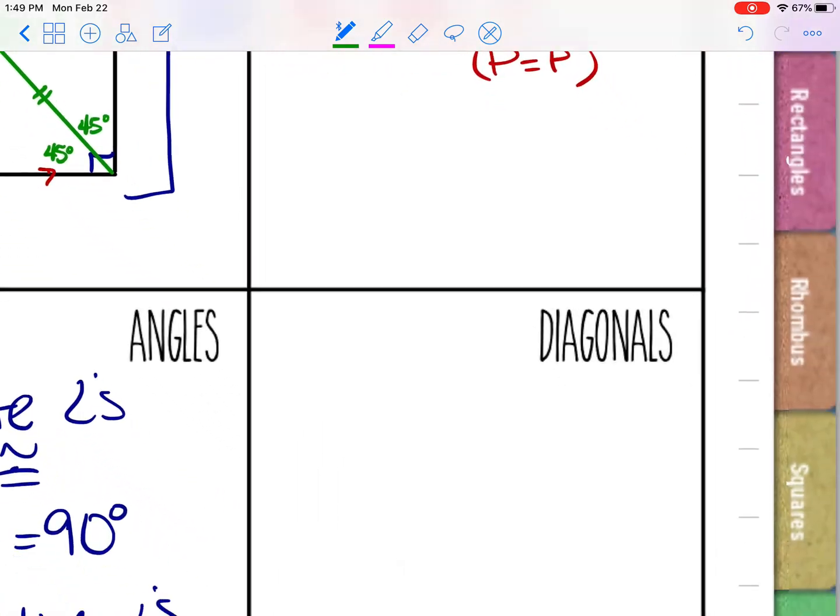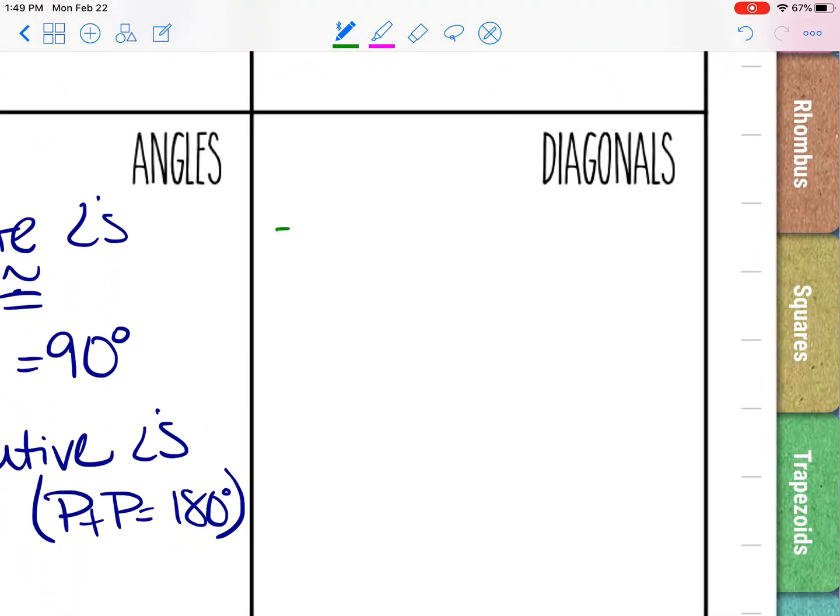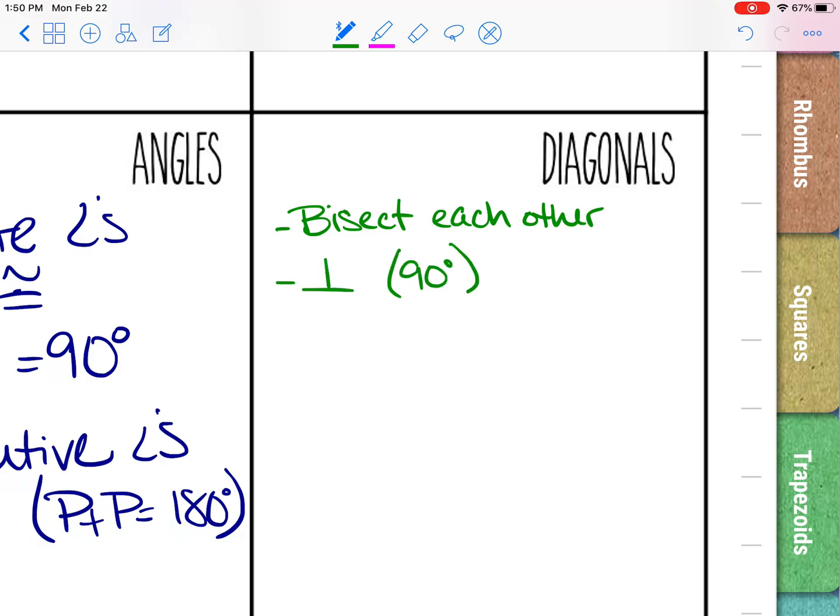So let's write down all those characteristics. We said that they bisect each other. The diagonals bisect each other. The diagonals are perpendicular, so we know there's that 90-degree angle in the middle.